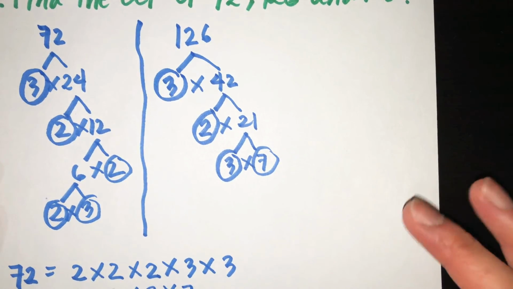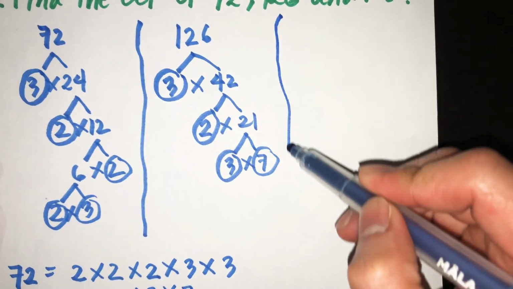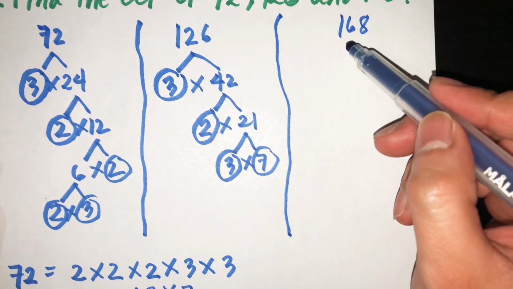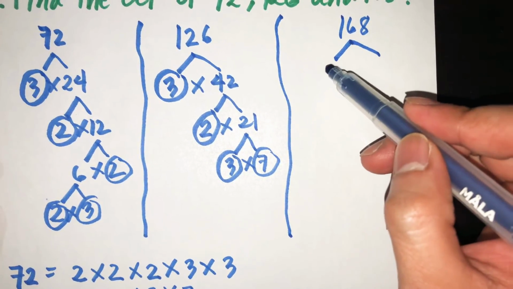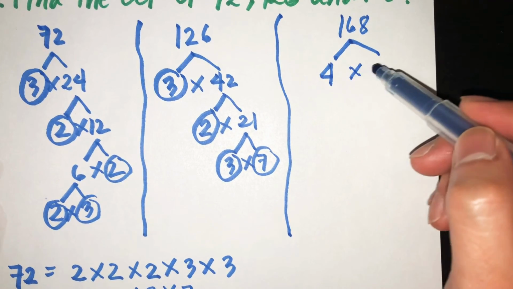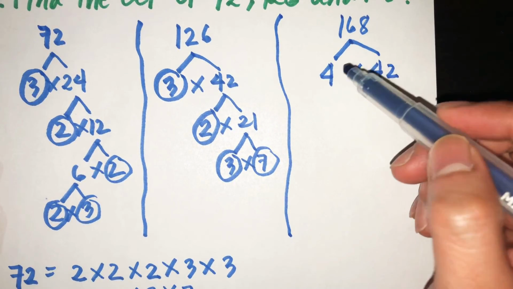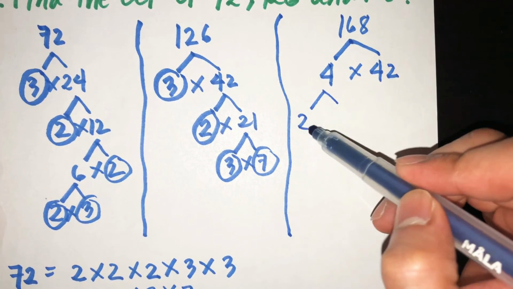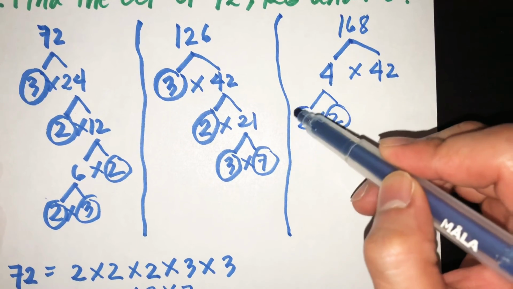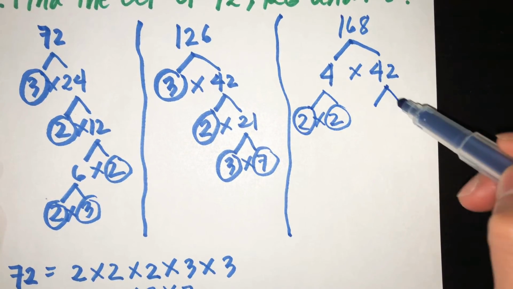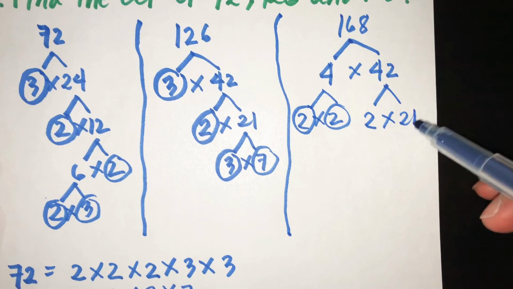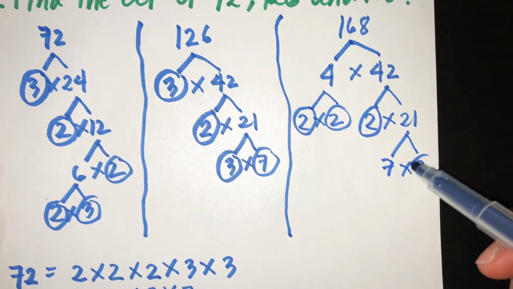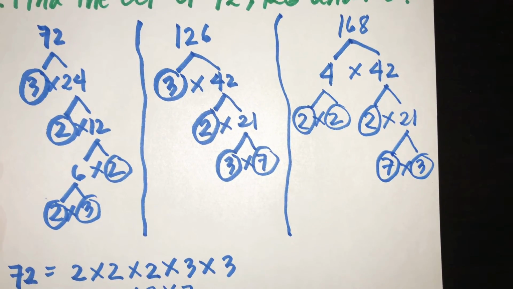Now for our last number, 168. So we can have here 4 times 42. Then we can have 2 times 2 here. Then for 42, we can have 2 times 21. Then we have 7 times 3. Okay?